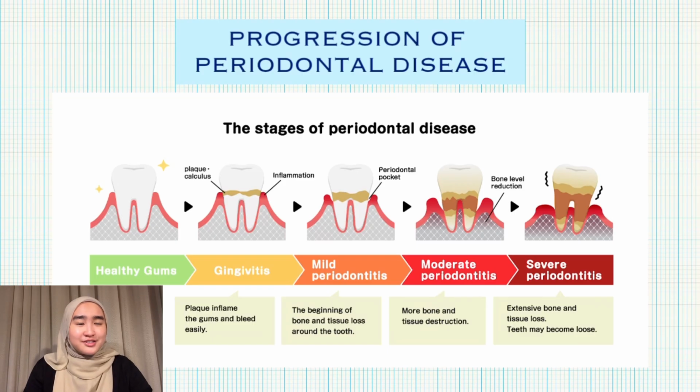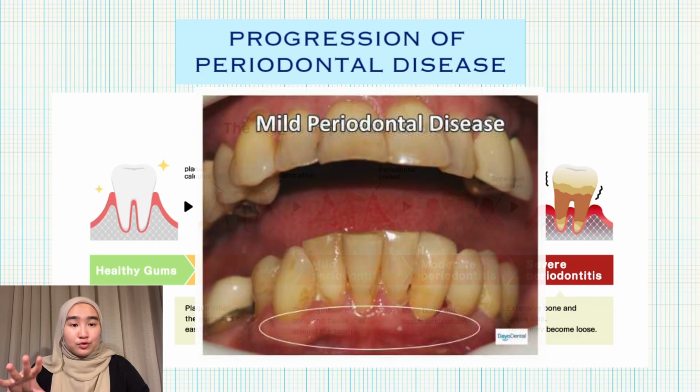The third stage is known as mild periodontitis. In mild periodontitis, there is the beginning of bone and tissue loss around your tooth. It is still the same as gingivitis, with red gums and bleeding gums when brushing and flossing, and there is a possibility of tooth mobility.